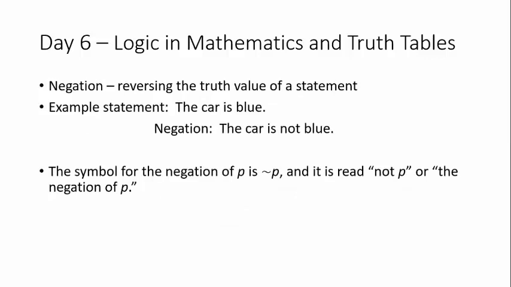The negation of a statement is the reversing of the truth value of a statement. We do this frequently in English. We have an example here. The car is blue. The negation would be the car is not blue.